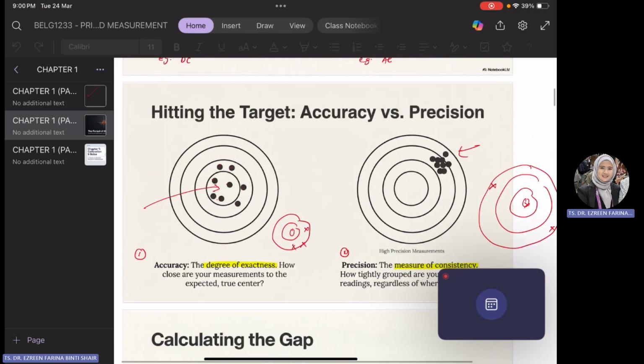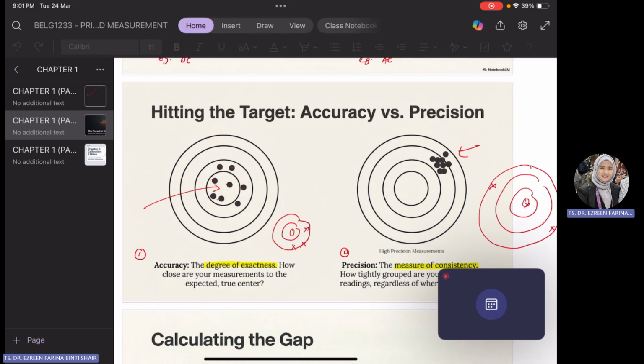For measurement, there are several characteristics or parameters that you need to know or understand in order to determine whether the measurement is good or not. The first performance characteristic is of course accuracy.